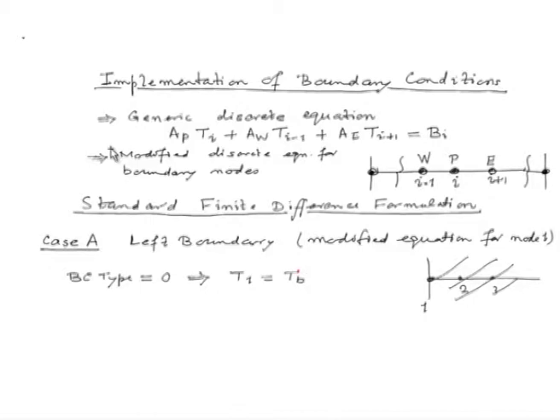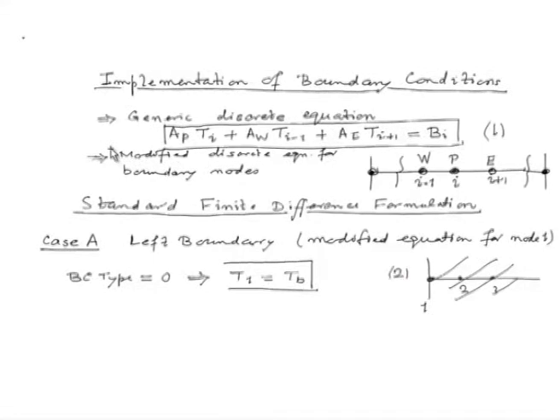Now if this is given, of course this becomes our discrete equation, and if we compare with the generic discrete equation which we have derived for all the nodes, or would have computed in our code earlier for all the nodes, on comparison all that we need to do is set the coefficient AP of node 1 as 1, AW and AE should be set to 0 and B1 should be set to TB. That is all we need to do.